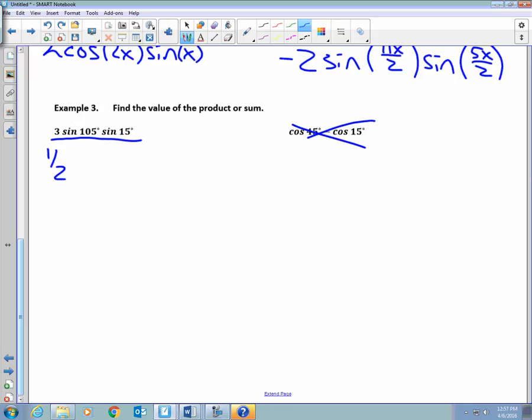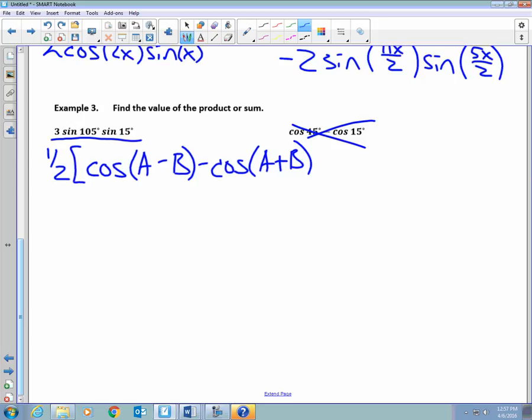Got 1/2 times cosine of A minus B minus cosine of A plus B. Is that correct? So first of all, it's all multiplied by 3, so I'm going to have what out front? 3 halves. And then what is A? And what is B?